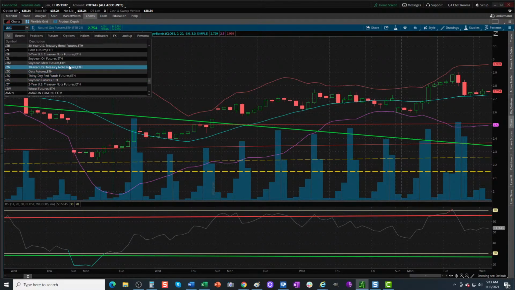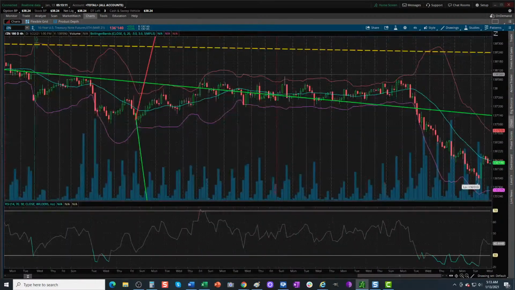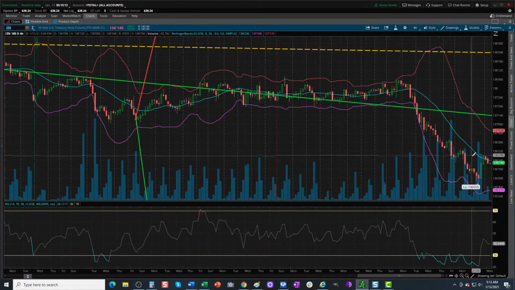Let's go with the 10-year. As you can see, a huge drop in bonds. We had a counter trend rally in bonds, forcing yields lower. Bonds are coming off their highs now. Does this continue? That's the big question.